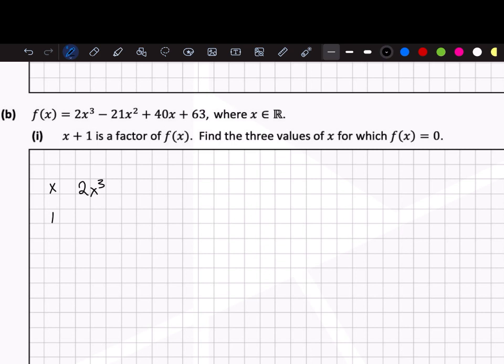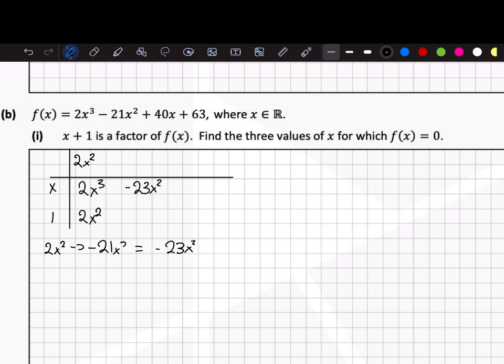So 2x cubed divided by x goes in 2x squared times. The difference between 2x squared to get to minus 21x squared, well, that's minus 23x squared. So this goes up here. I'm sorry, up the very top we're going to have our 2x squared because that's our first division. Now we divide by x, so that goes in minus 23x times.